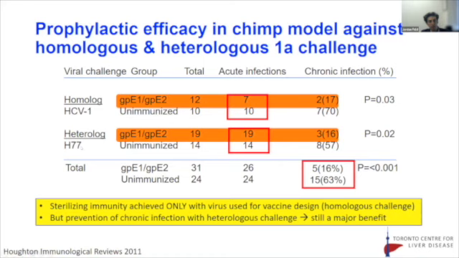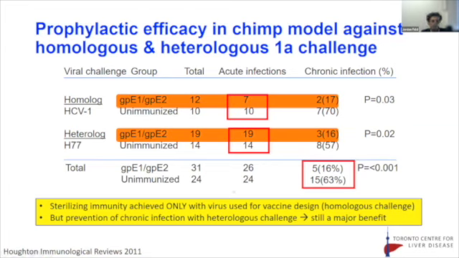So you give a different virus, in this case not the virus used to generate the vaccine. Then all of the chimps developed acute infection, but still only a small proportion of them developed chronic infection. Overall, you get a high clearance rate in the vaccinated chimps: only 16% develop chronic infection compared to 63% of the unimmunized.